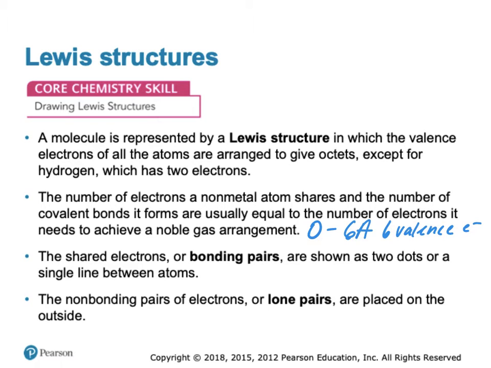So when bonding to a nonmetal, it needs 2 more electrons to achieve 8, or an octet. So oxygen typically forms 2 bonds. The shared electrons or bonding pairs are shown as two dots or a single line between atoms. The non-bonding pairs of electrons or lone pairs are placed on the outside. So we're going to look at this in more detail here.